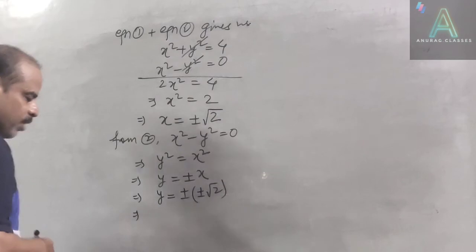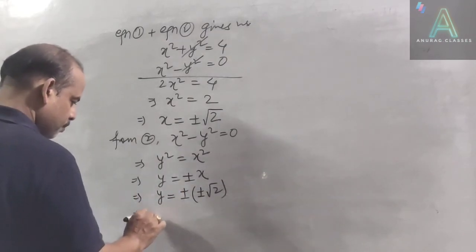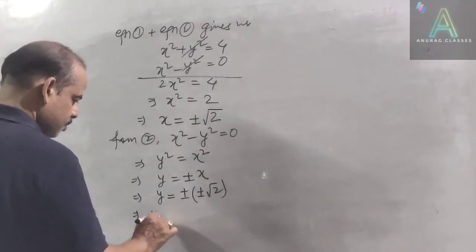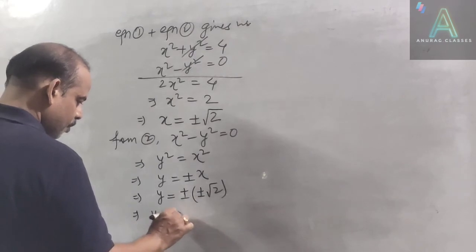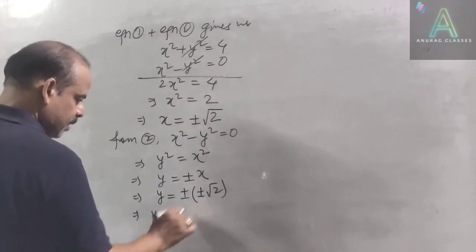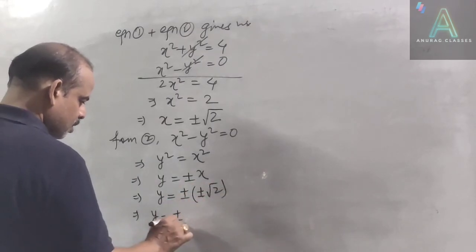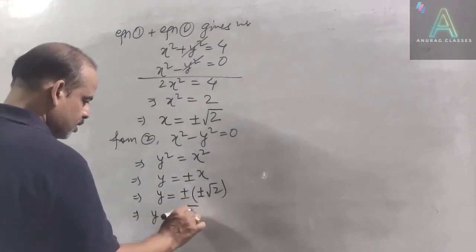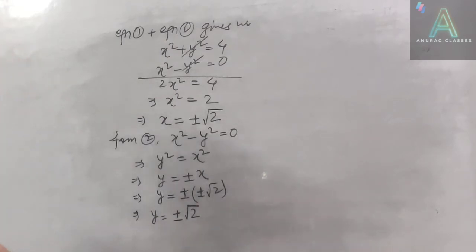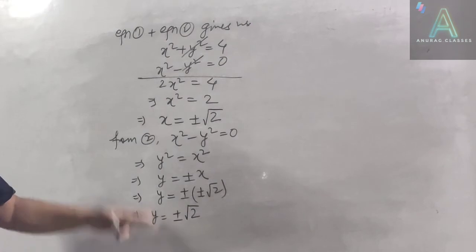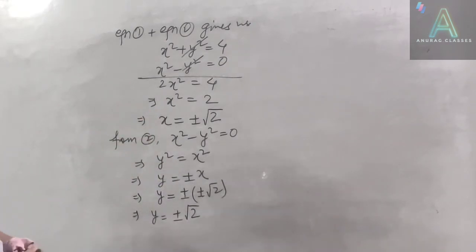So we get the different values of y. Plus minus root 2 is the value of y. So x and y both come to be plus minus root 2.